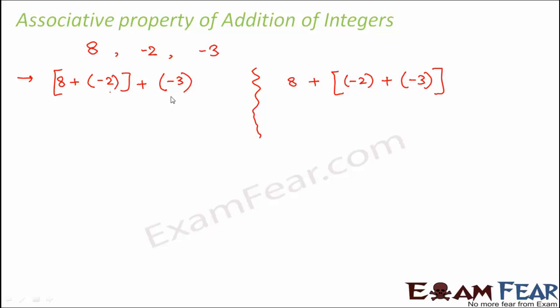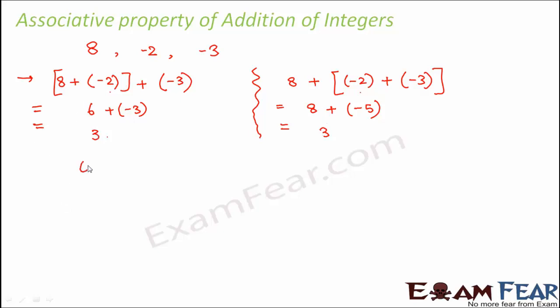And in the second case you first add the second and third integer and then add the sum to the first integer. So let's see how the result varies. So 8 plus minus 2 would be 6 plus minus 3, which is equal to 3. And in this case you get 8 plus minus 5, and this is also equal to 3. So you see that both of these are the same.